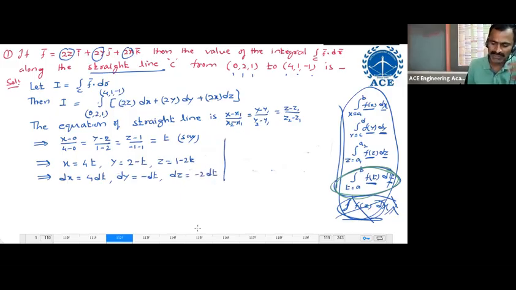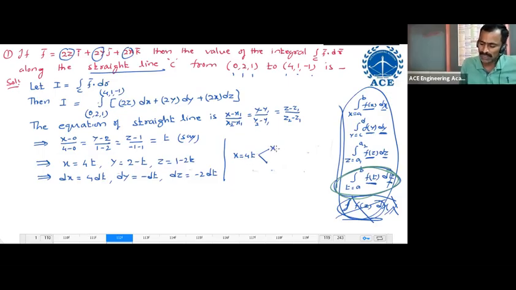When we are converting x, y, z to the t variable, we have to find the t limits. To find the t limits, we can use any one of these three equations. Out of the three equations, we consider the simple equation x equal to 4t. Already we know the x limits, and using x limits we can find the t limits.